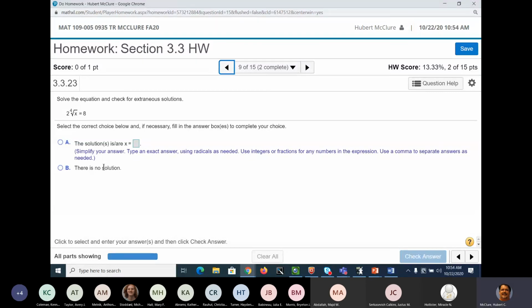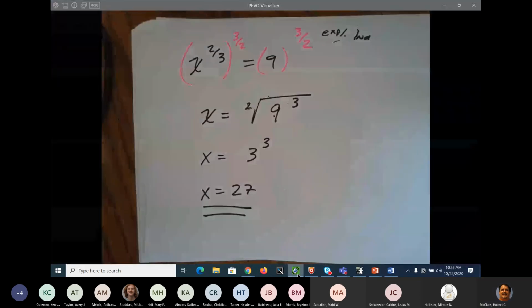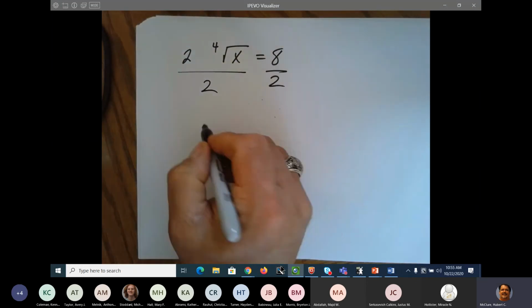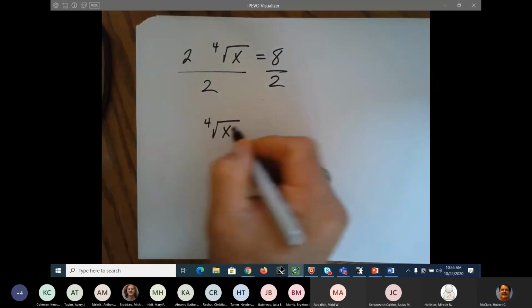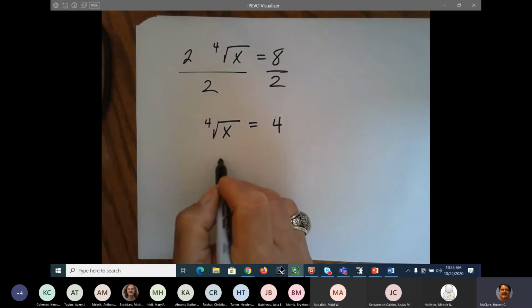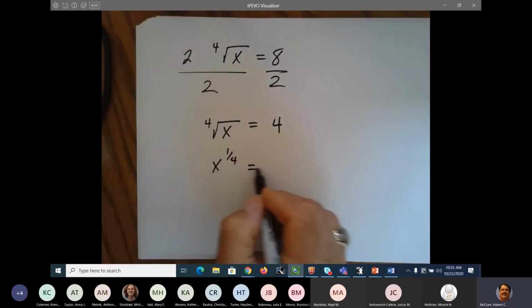2 times the 4th root of x equals 8. Divide by 2. 4th root of x is equal to 4. This is x to the 1/4 is equal to 4.